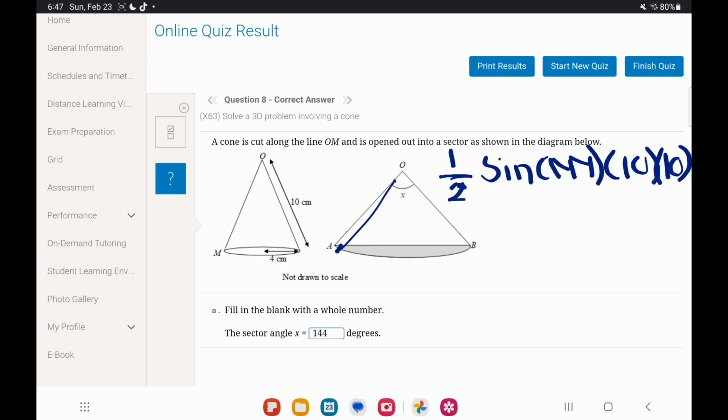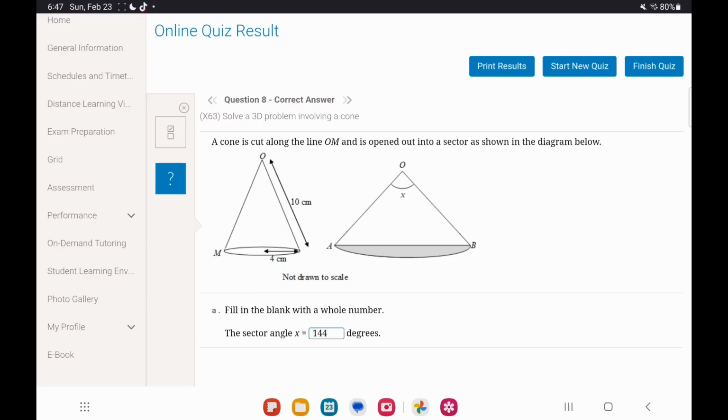Okay, now let's find the area of the arc, which is x over 360, so 144 over 360 times pi r squared, so pi 100, okay, because 10 squared is 100.